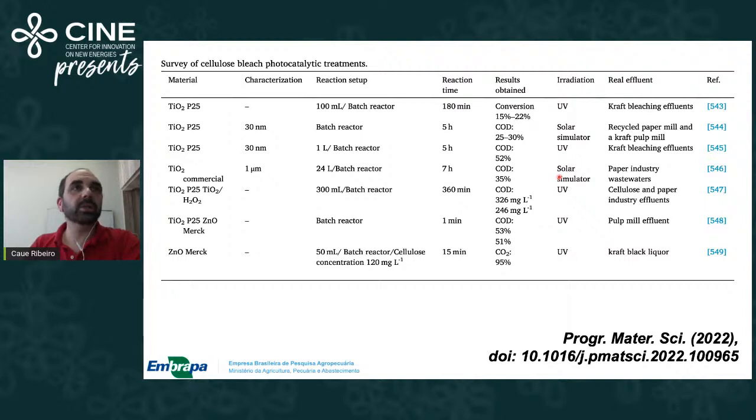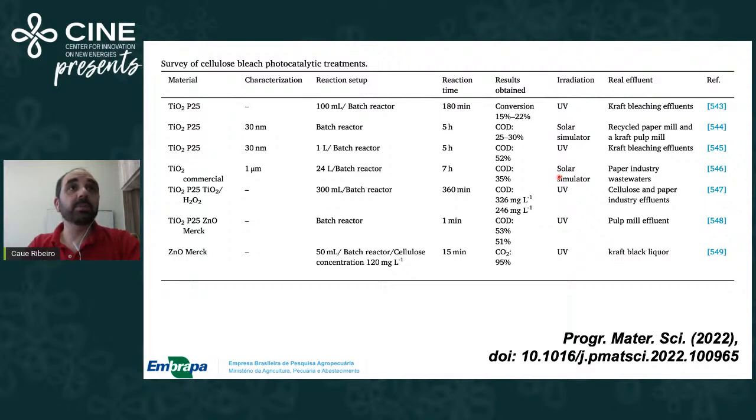We find in research several examples of the treatment of cellulose bleach at laboratory scale, but we have some few examples of treatment of bioeffluents. And these bioeffluents are important to us because they give us more indications about the real problems that we will have if we decide to do these treatments in real life.